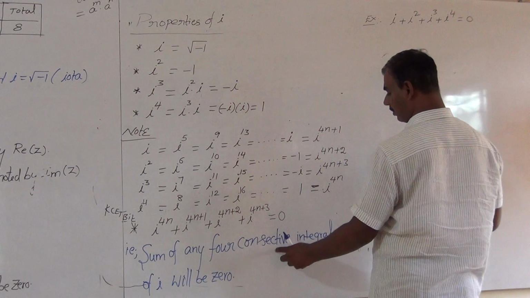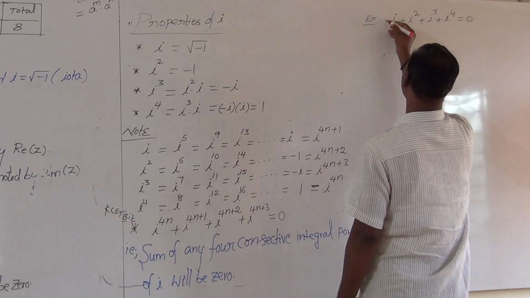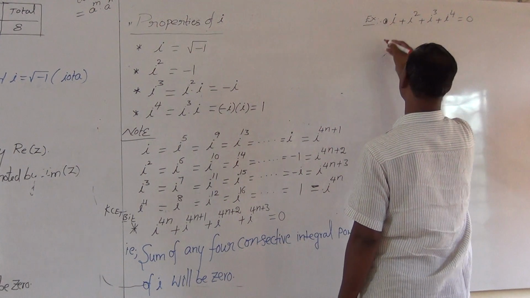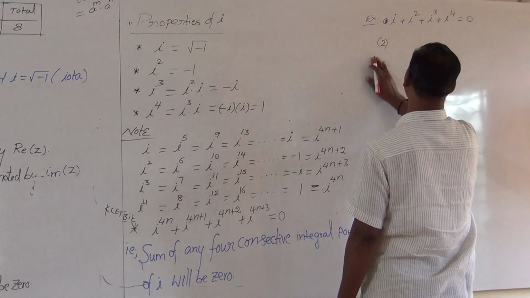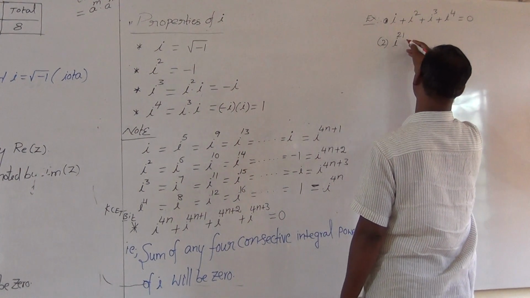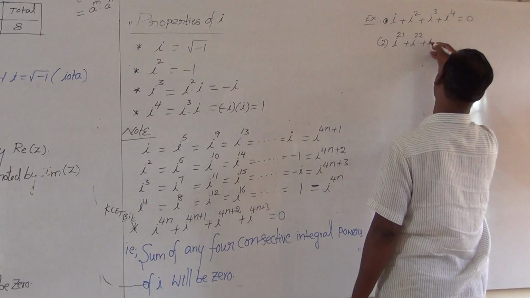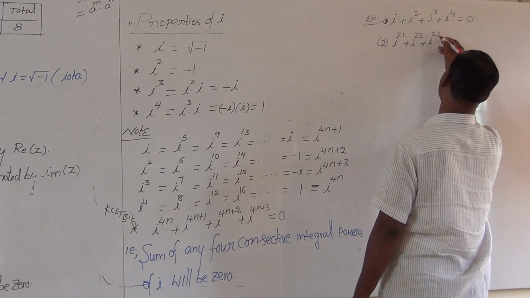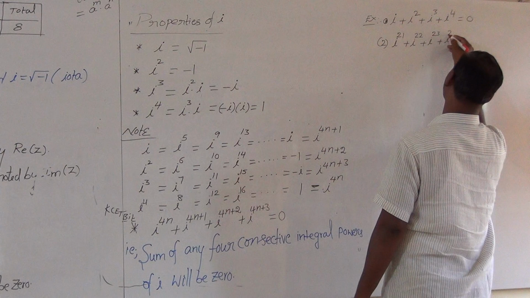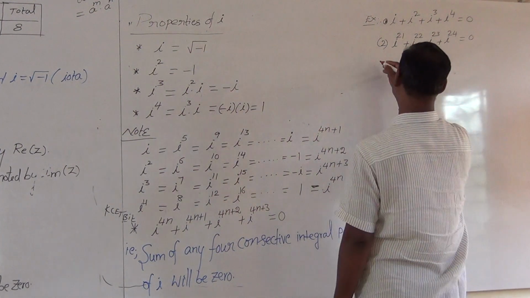That is the sum of four consecutive integral powers of iota. If you want one more example, take iota raised to 21 plus iota raised to 22 plus iota raised to 23 plus iota raised to 24, which will also be 0.